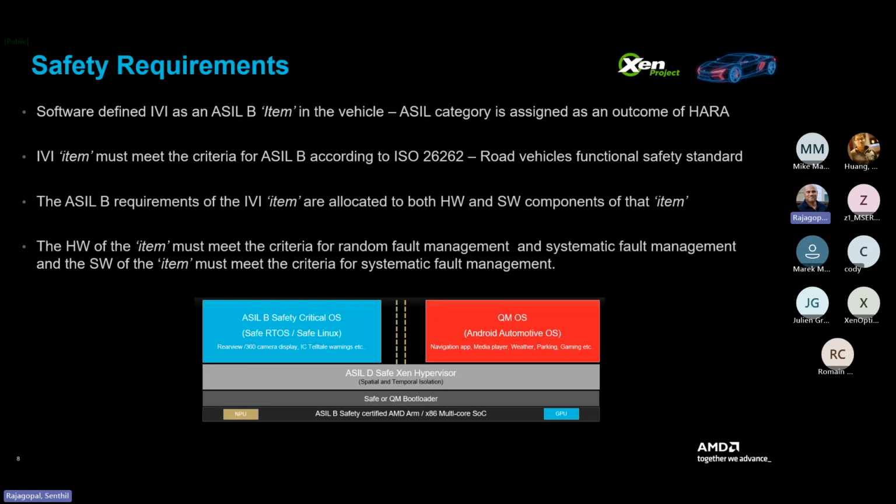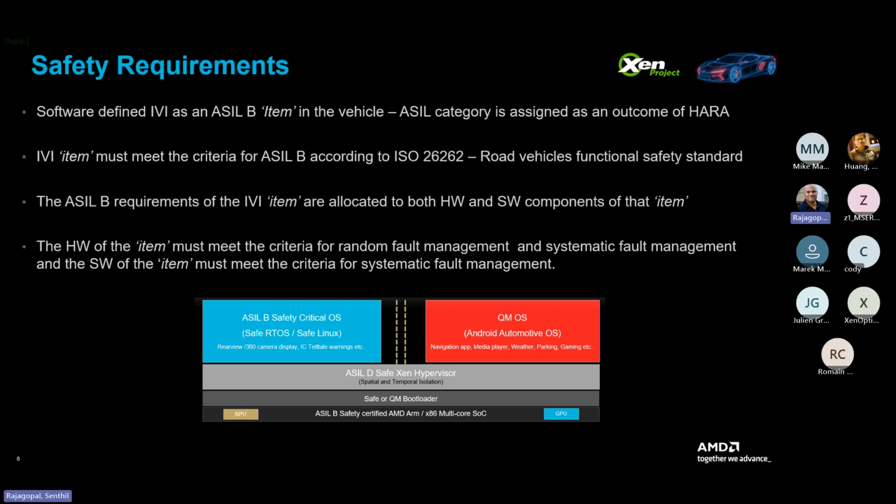So we cannot have all software components in one single ASIL component. That's why we have to separate the safety critical as one virtual machine, and the QM component or non-safety as another one. Imagine that completely safety certifying an Android automotive OS is going to be very challenging considering the code size.